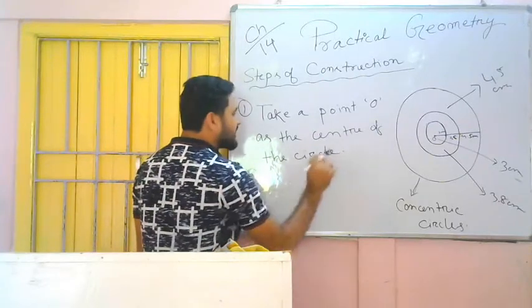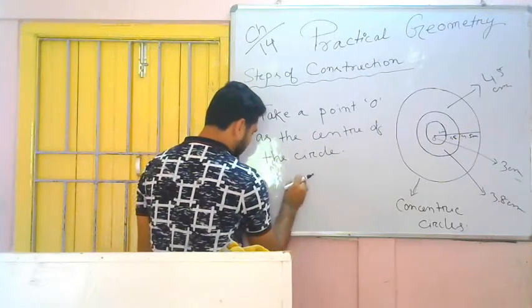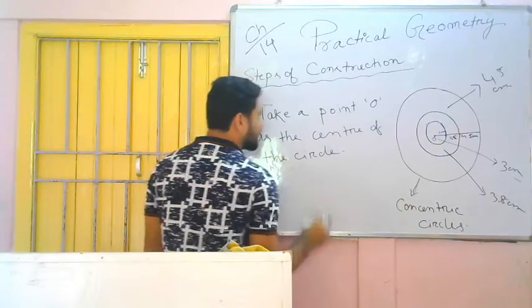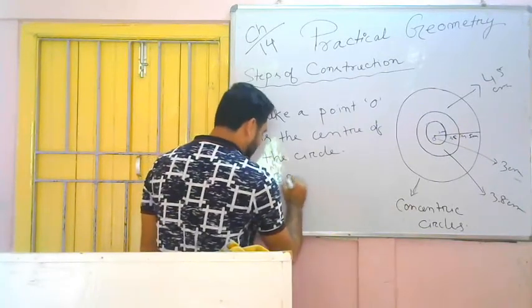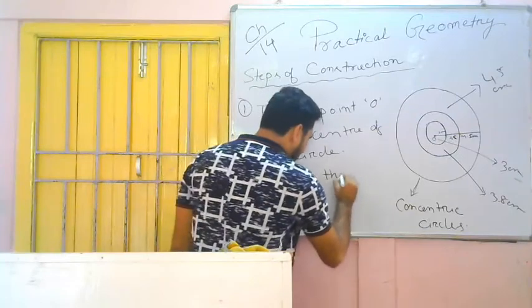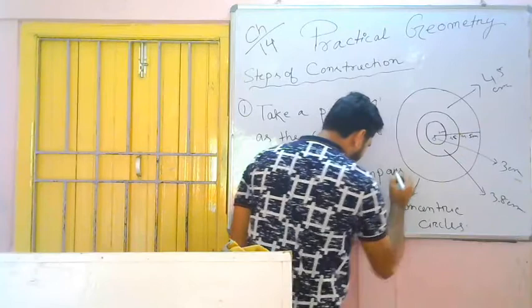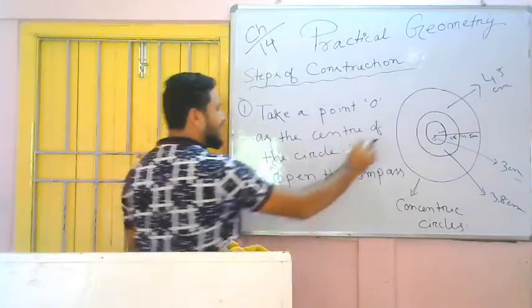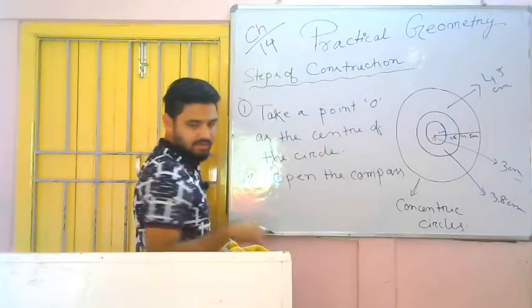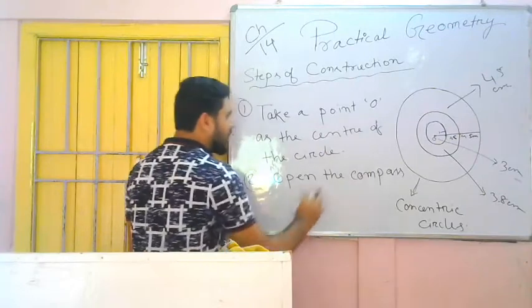So the next step is to open the compass. That means you have to open the compass and take 4.5 centimeter. It is given in your book.